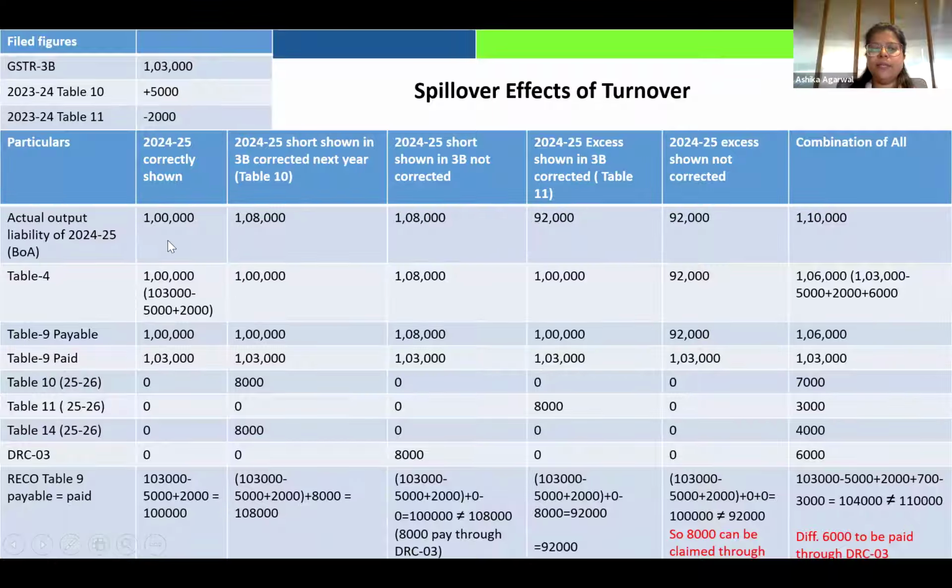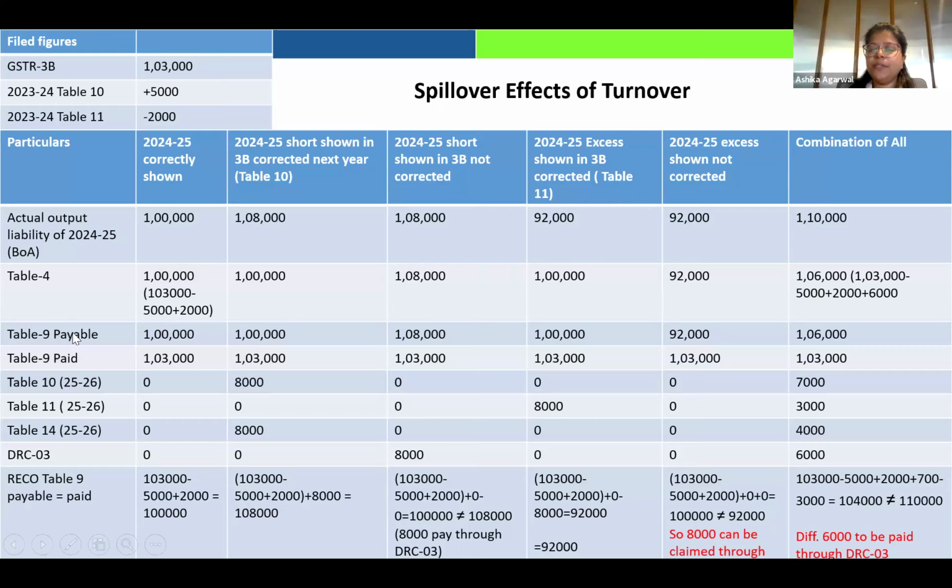So what will we report in table 4? 1 lakh only, because our liability for the current period 24-25 is 1 lakh, though tax paid is 1,03,000. We report not what is paid, but what is liable to be paid based on turnover of 24-25. So table 4, 1 lakh.